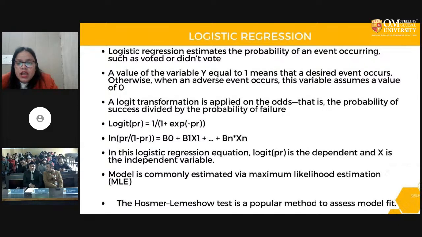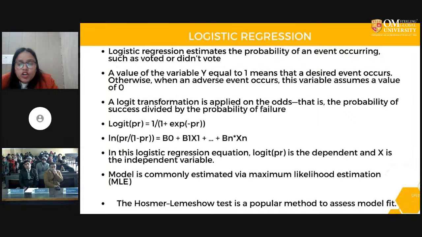For example, I'm assigning the value 1 where the desired event occurred, otherwise, if an adverse event occurs, the value will be assigned 0. Okay, so whatever variable you have with two categories, you have to assign the values 1 and 0.